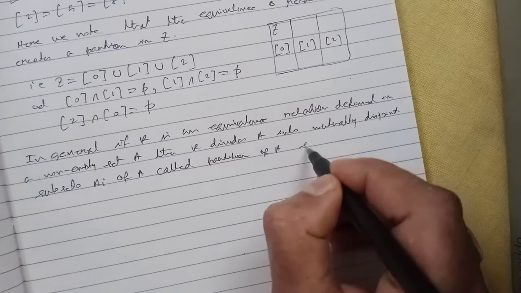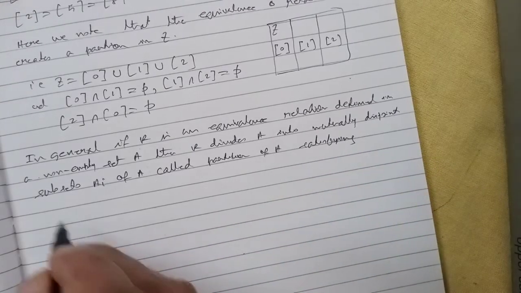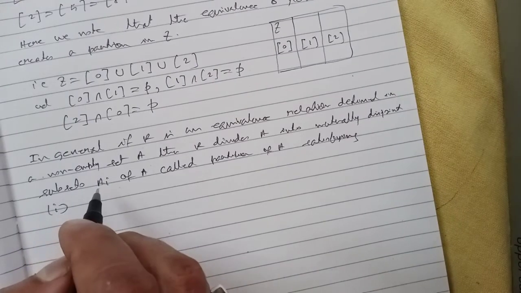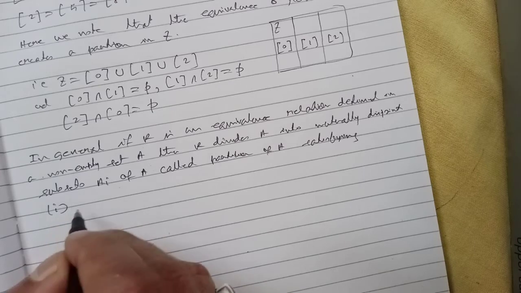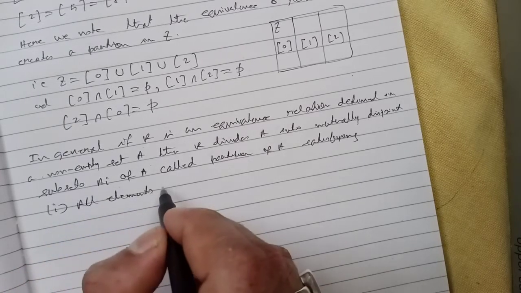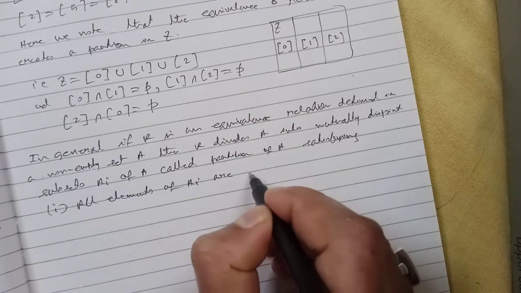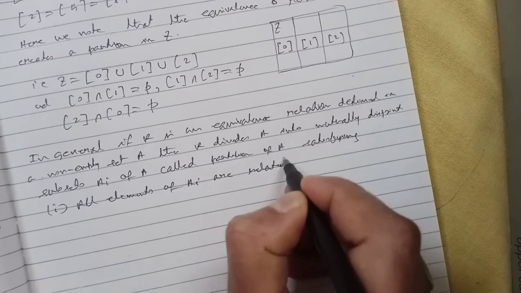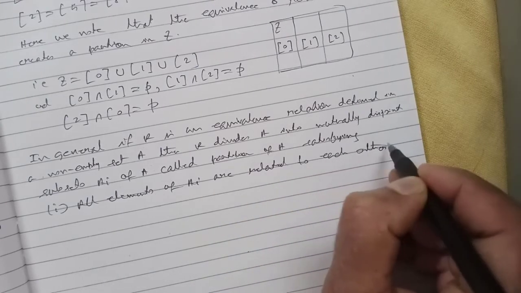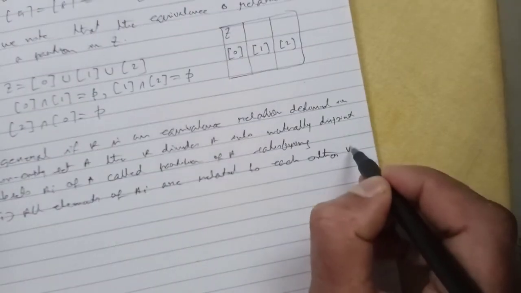Satisfying number 1: all elements of A_i are related to each other for all i.